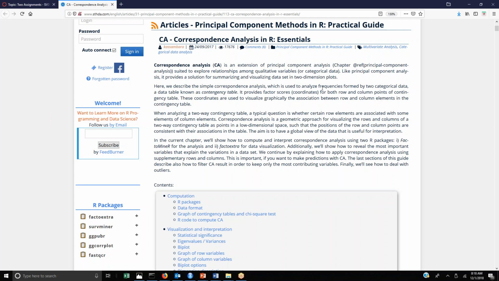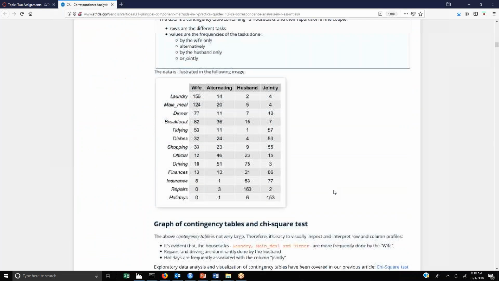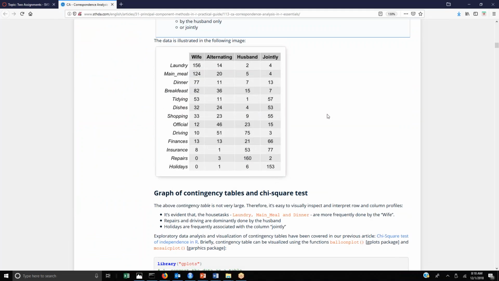All right. So let's consider this example. You see this data. These are the home activities: laundry, main meal preparation, dinner preparation, breakfast, tidying the house, doing dishes, shopping, official work, driving, finances, insurance management, taking care of repairs, and then holidays.